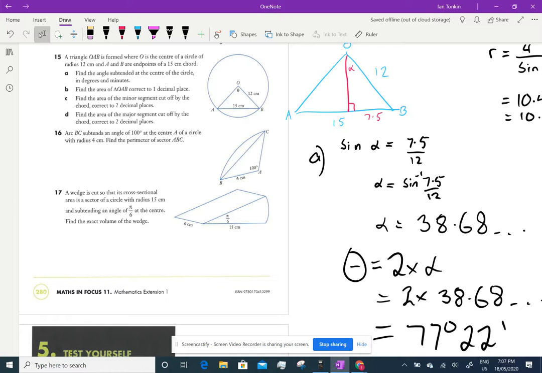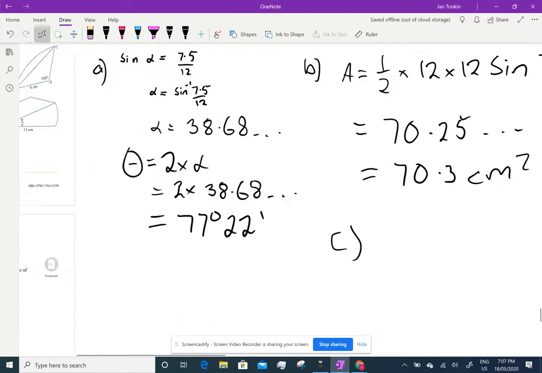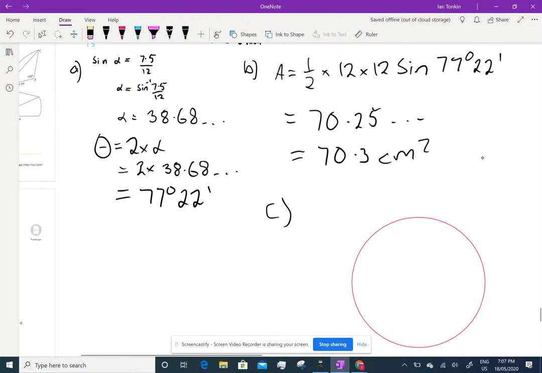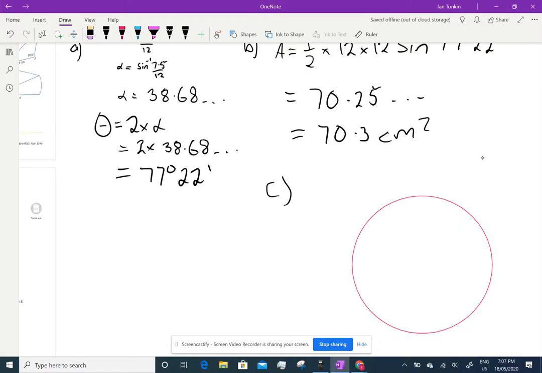C. Find the area of the minor segment. Okay, so the minor segment. So remember, when I have a circle, and I've cut off this minor segment down here, the minor segment is this area here.